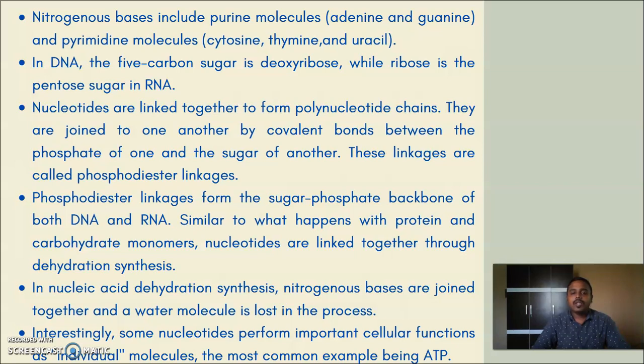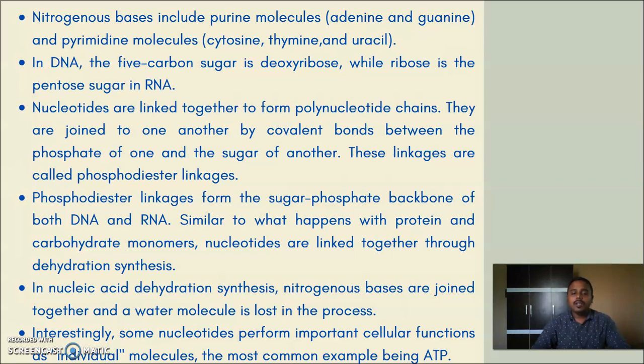This phosphodiester linkage is very important to hold the nucleotide chain stronger. Similar to what happens with protein and carbohydrate monomers, nucleotides are linked together through dehydration synthesis. In nucleic acid dehydration synthesis, the nitrogenous bases are joined together and a water molecule is lost in this process.